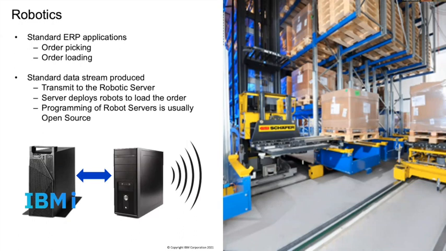That robotics server processes the orders and sends the information to the robots. They have a combination of very large robots that run up and down the aisles of their warehouse, and smaller robots that pick goods out of a box. It just so happens A&O Brodrene in Denmark is a plumbing parts distributor.